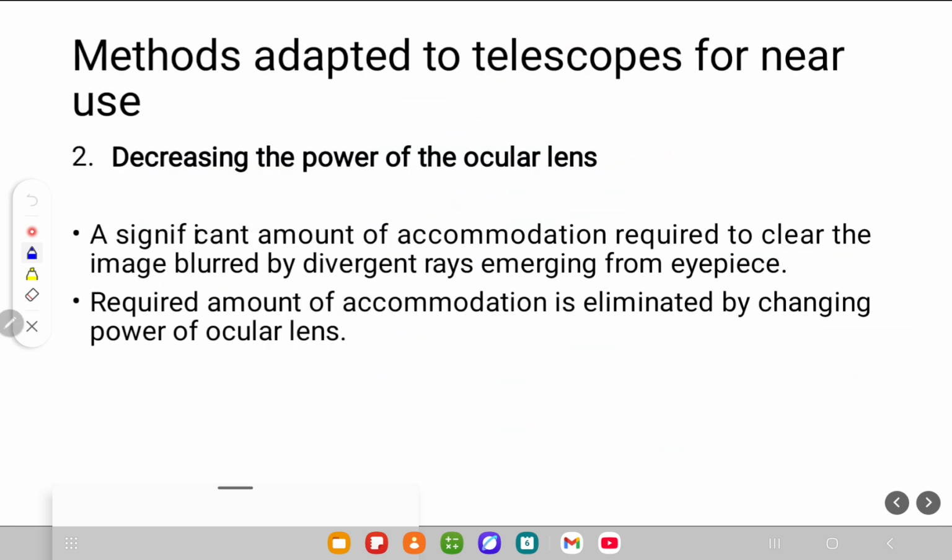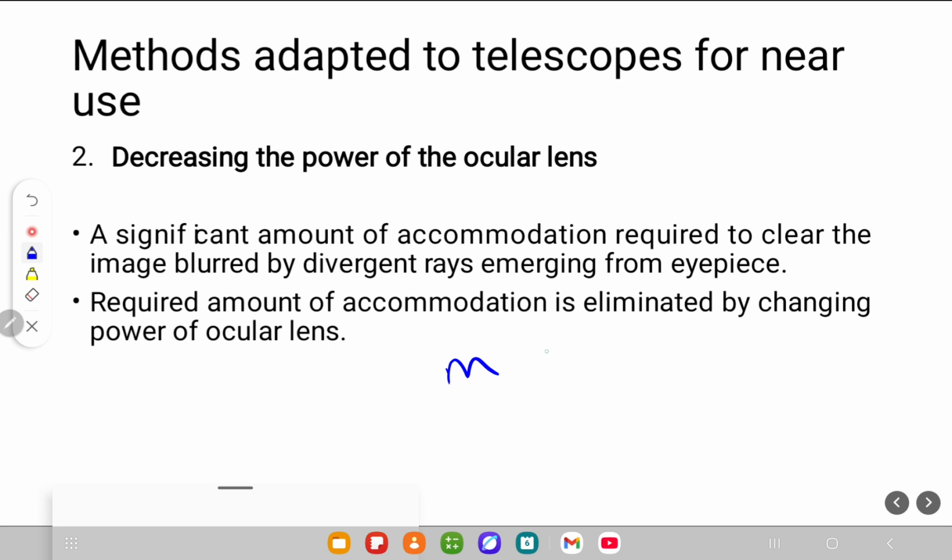So that's the simple concept. The second method to adapt the telescope for near use is decreasing the power of the ocular lens. A significant amount of accommodation is required for clear imaging by the diverging rays at the eyepiece. Let me show you how much power is needed for accommodation.